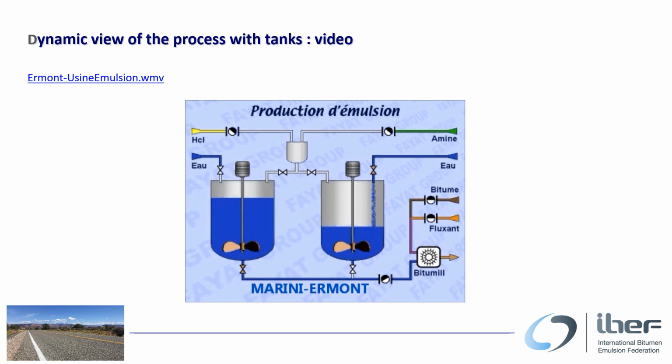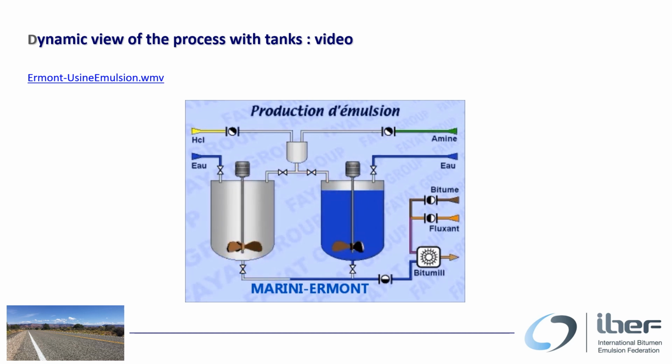While the tank is emptying, we manufacture the second tank in the same way: water, emulsifier, and acid. Some chemical suppliers recommend to inject the acid first, before the emulsifier. When the second tank is ready, we can switch from tank number 1 to tank number 2 and have a continuous production.